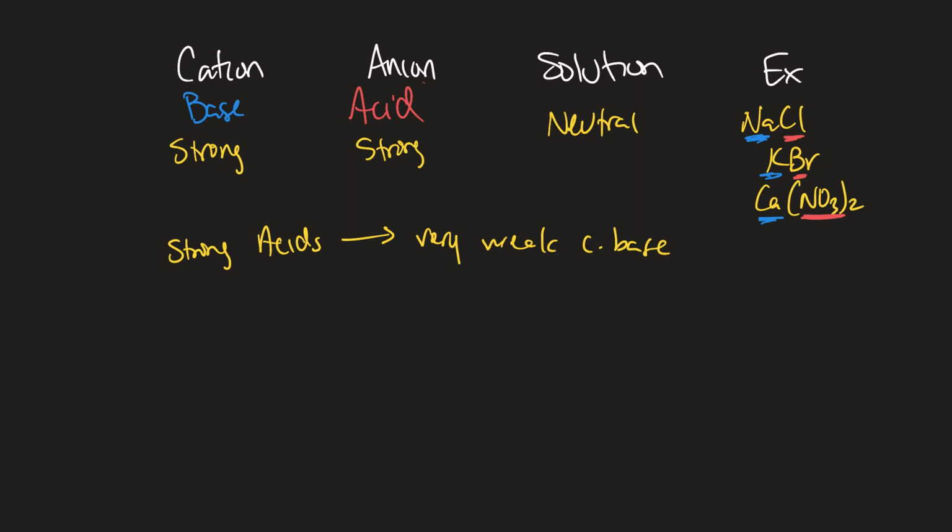It won't turn the water to hydroniums. And same thing with strong bases: strong bases have very weak conjugate acids. Due to that, it's not going to change the water to hydroniums, so you're not going to really change the pH of the water all that much.